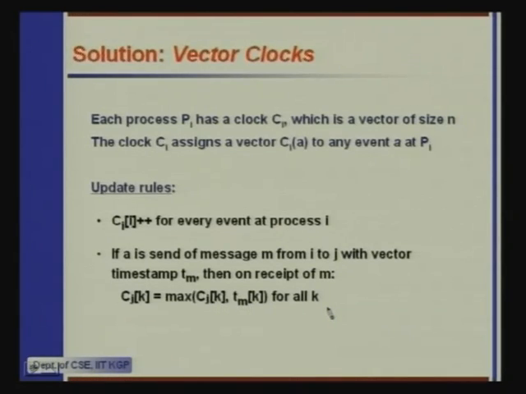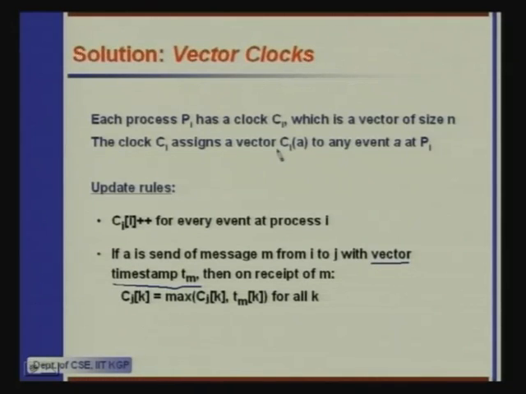Now, look at what is happening here. When we send a message, the message carries the entire vector that Pi has. So, when the process Pi is sending the message m, it will have the vector timestamp Tm. What is the vector timestamp Tm?